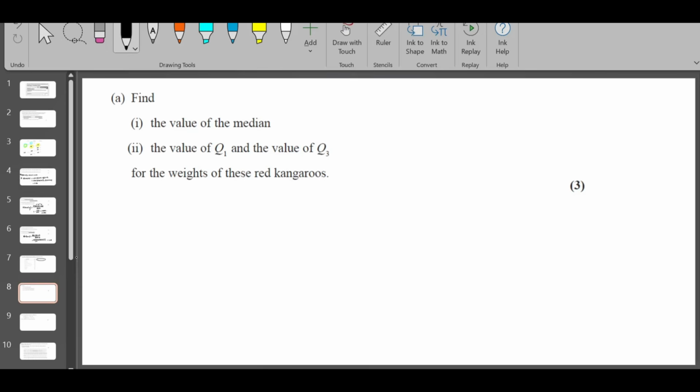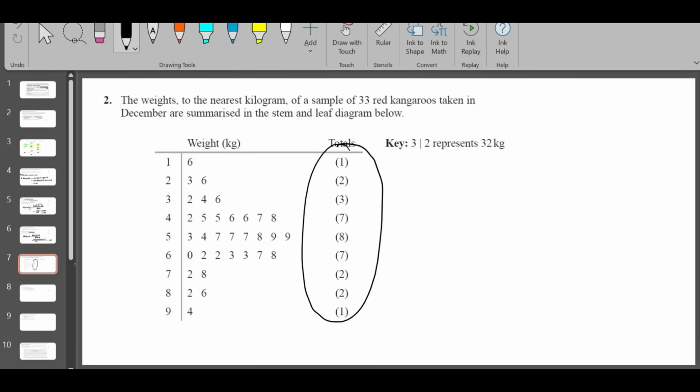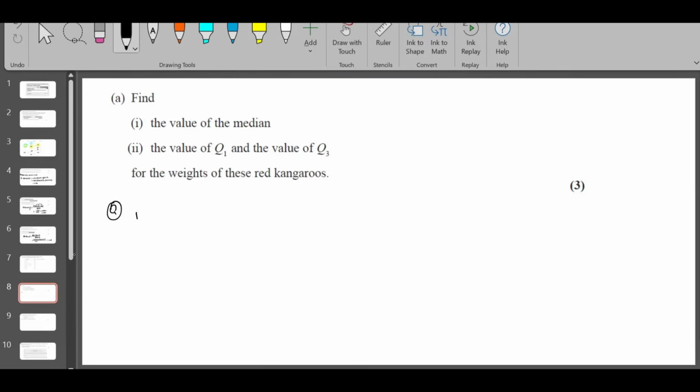of these red kangaroos. To find this, you need to know how many entries there are, the total, which is given here, 33. Even if you sum up everything, you will get 33. So to find part A(i), the median, which is Q2, you take 33 divided by 2, you will get 16.5.